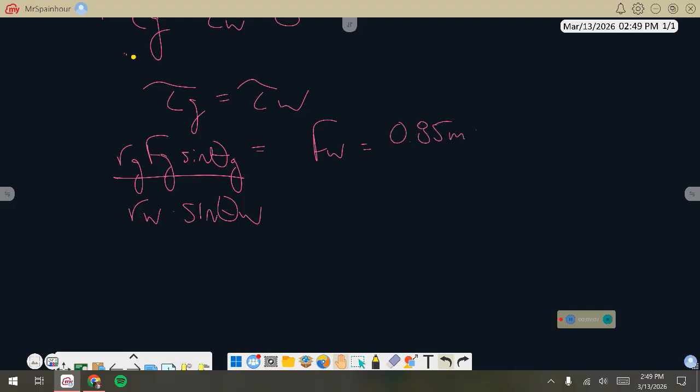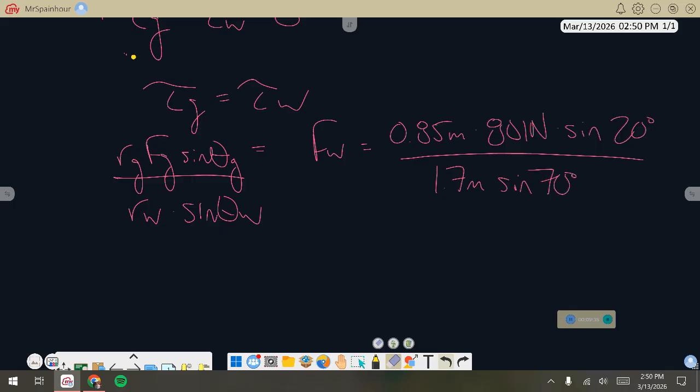What is the force of gravity? 801 newtons. Times the sine of what angle should we be using here? 20 degrees. Divided by, what is the lever arm for the wall? That should be 1.7, right? And what should the angle be for the wall? Sine of 70 degrees. Throwing that all into your calculator, what do you end up with?